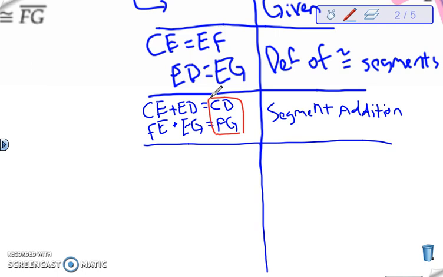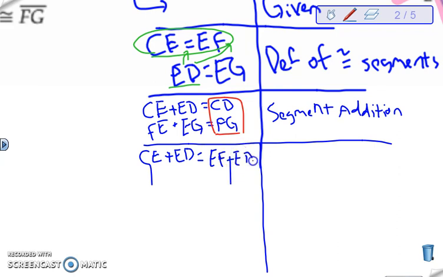So I can take, say, this equation here and add ED to both sides. And that is our addition property of equality.